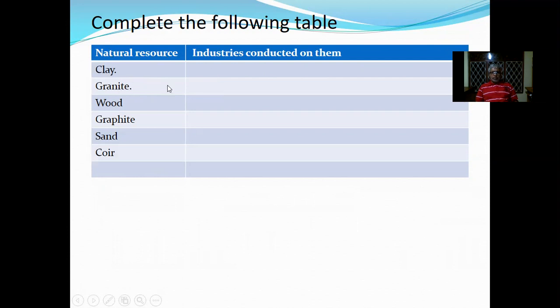Then granite, granite means alukal, wood, timber, graphite, mineral, sand, especially here we refer to the river sand, Ganga valu, fire, kohu, taken from the coconut husk. Then you can write what are the industries conducted using them or based on them.